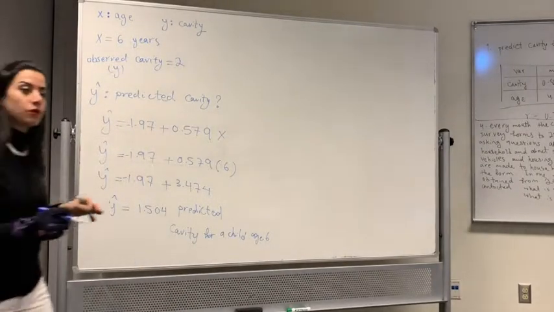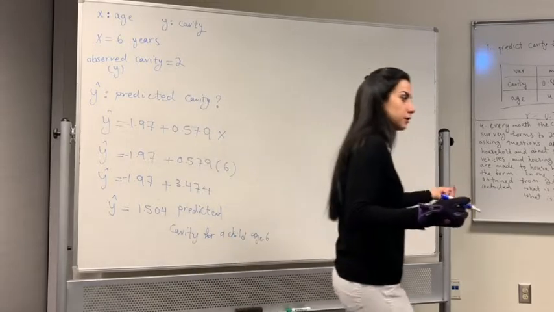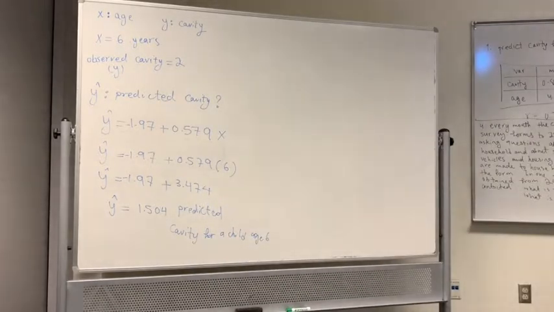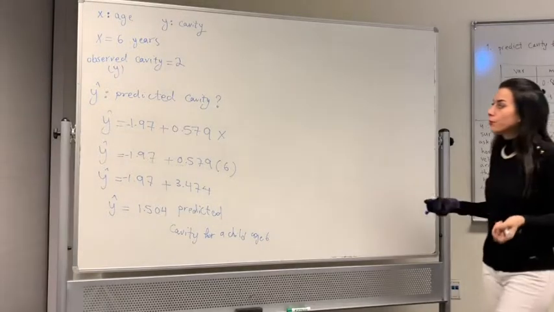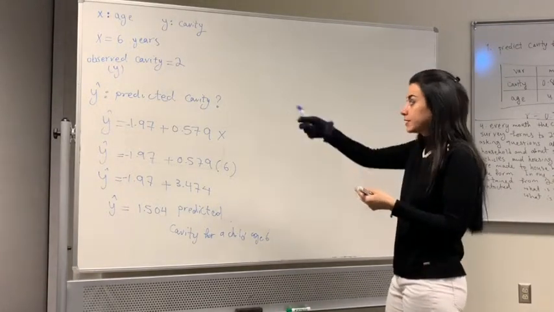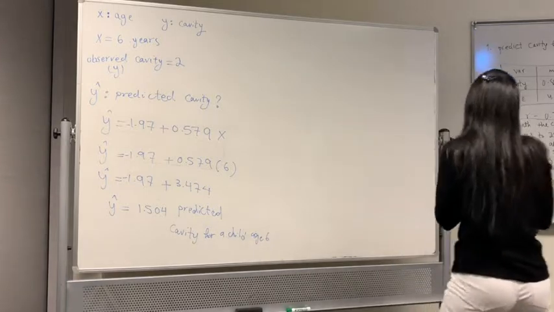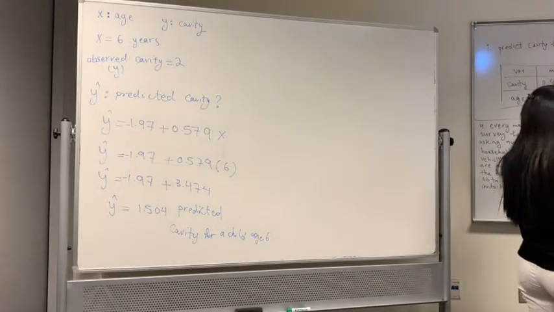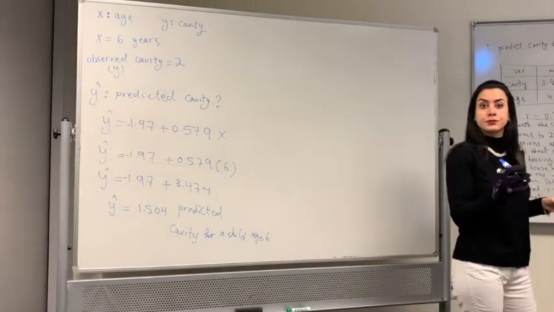Correct? One cavity and a half. So by that age, they will have 1.5 cavities using this least square regression line. Then it says, do you have any question?